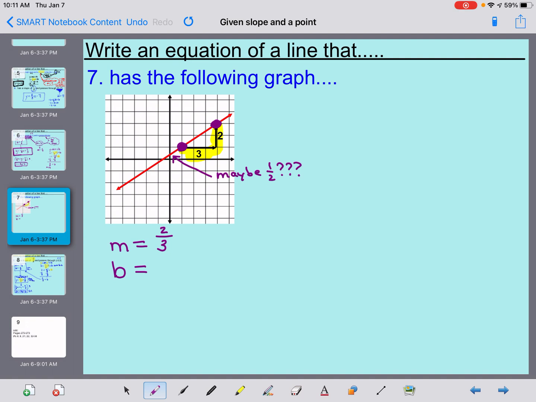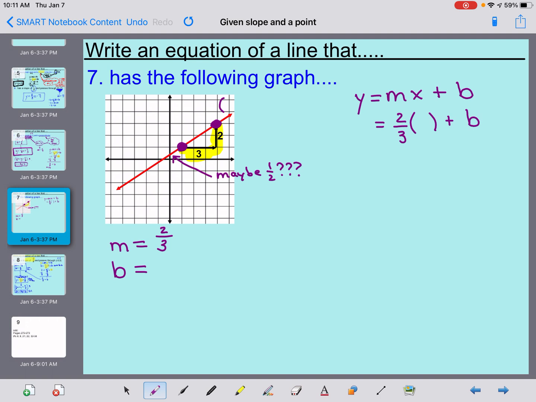How do you find a b value? You use y equals mx plus b. I know that the m is 2/3. I need to put something in for x and for y, like I've been doing. What can I use for x and y? I can use any point that's on the line. And if you look at your graph, we've got 2 points.